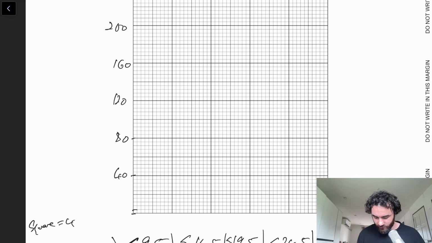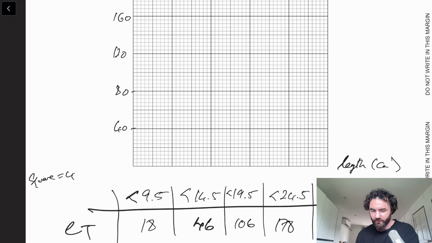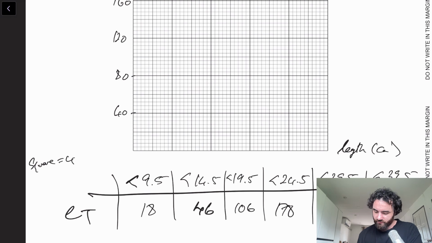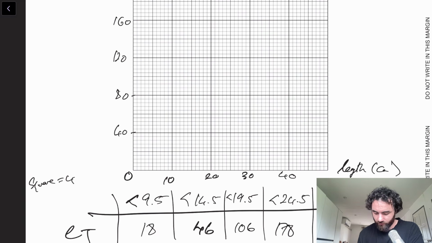So each one of these little squares is 4. That's probably going to help us. And then on the bottom, 10, 20, 30, 40. That's 0 on both.